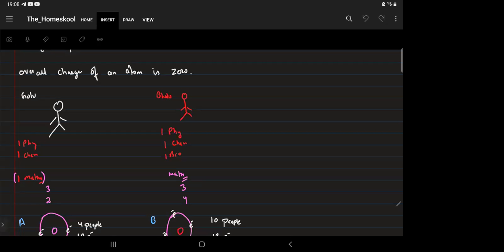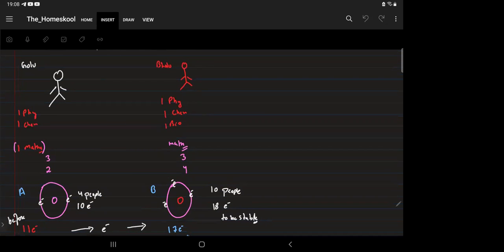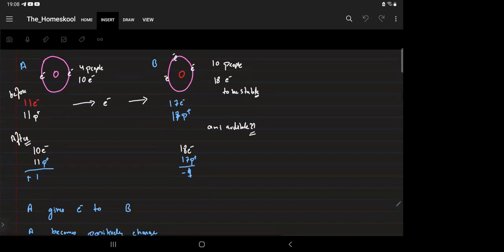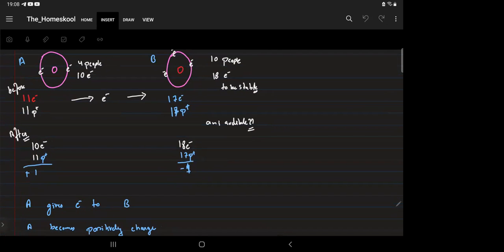So we studied that when we talk about exchange of electrons, when any atom loses electrons, it becomes positively charged. And when any atom gains electrons, it becomes negatively charged, right?